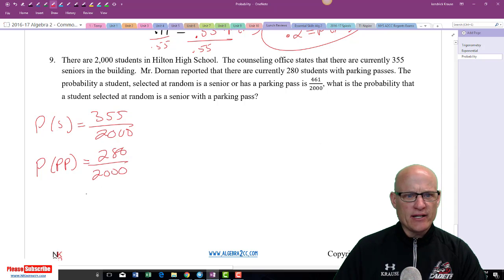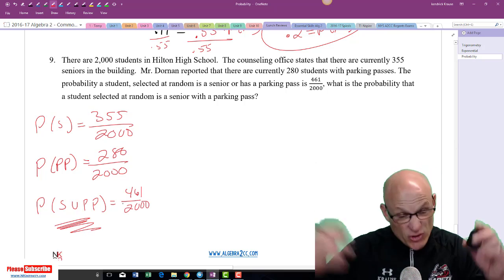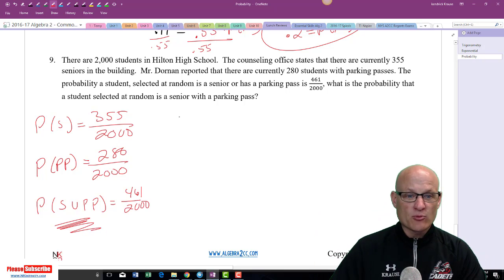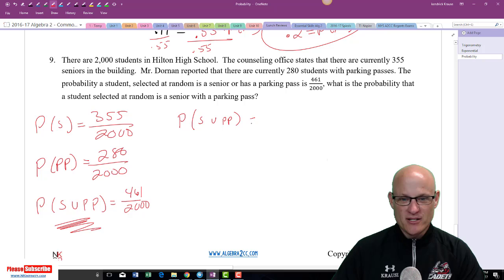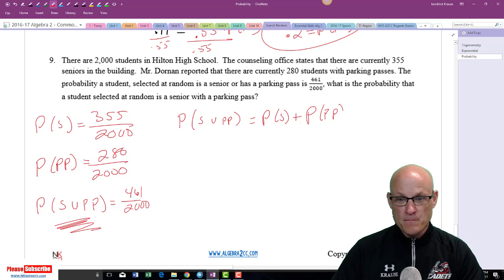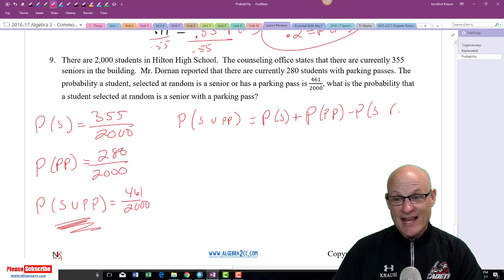And the probability at random of a senior or has a parking pass, so the probability of being a senior or having a parking pass is equal to 461 over 2,000. Now, I wrote an OR, kids. As soon as you write an OR, you have to write the OR formula. The probability of senior or parking pass is equal to the probability of senior plus the probability of parking pass minus the probability of senior and parking pass.